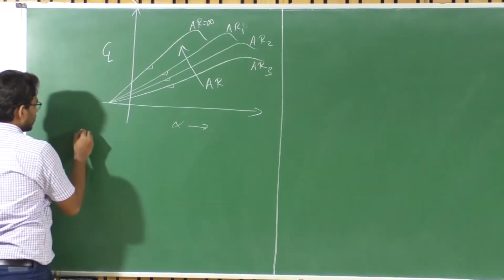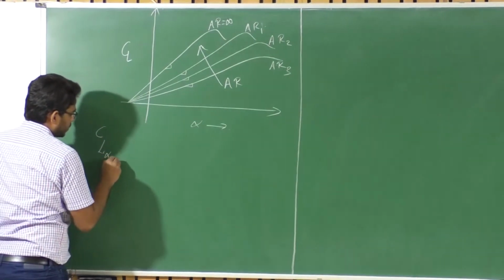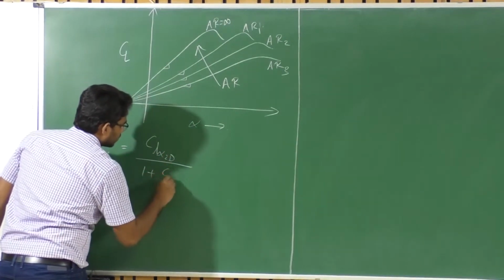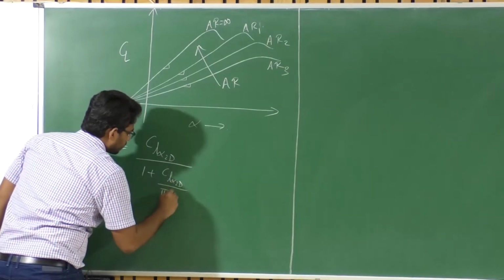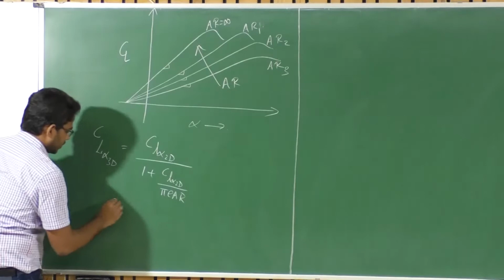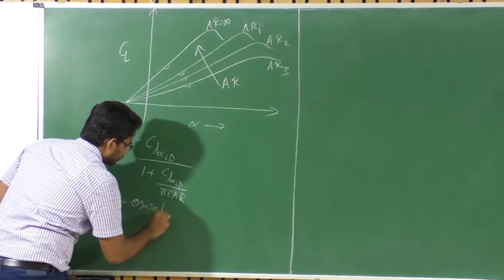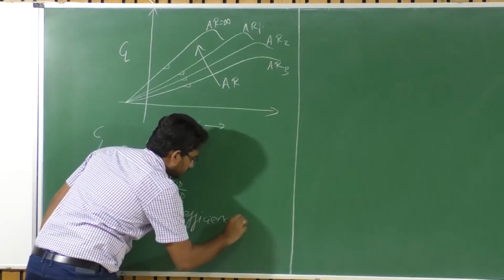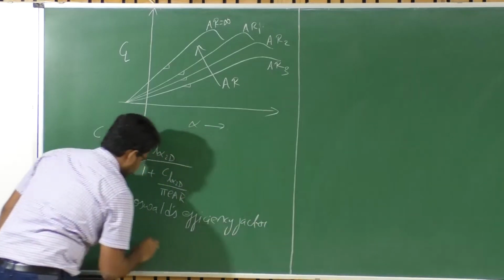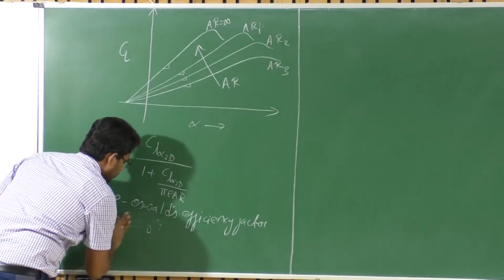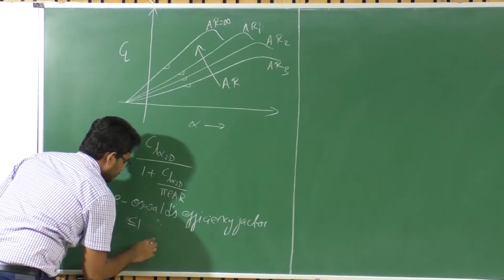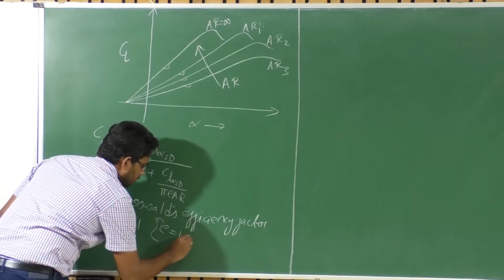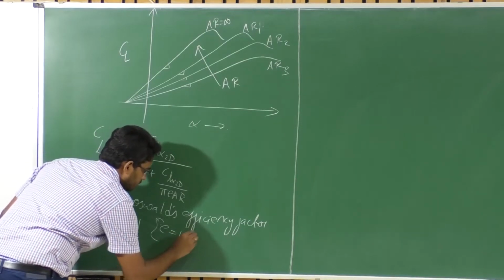And we have related CL alpha 3D equals CL alpha 2D upon 1 plus CL alpha 2D upon pi E AR, where E is the Oswald's efficiency factor, and the limits are less than or equal to 1, where E equal to 1 corresponds to an elliptical wing, right?